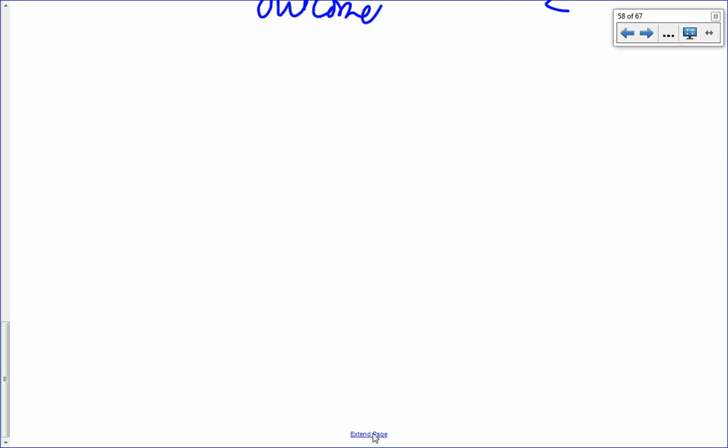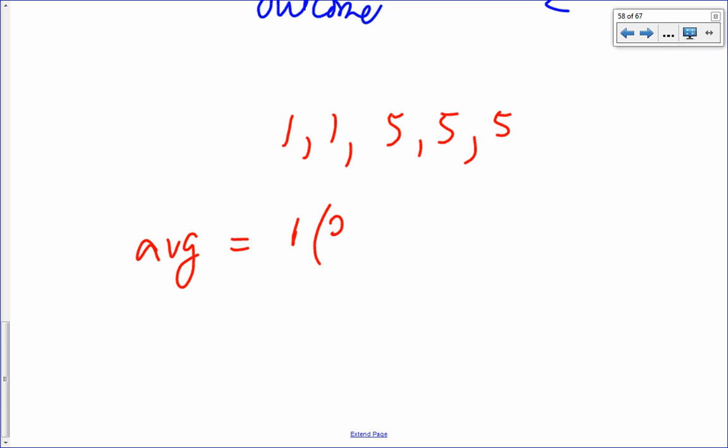Let's do 1 and 5. Okay, 1, 1, 5, 5, and 5. So what's the average here? You can say 1 times 2 over 5 plus 5 times 3 over 5. So if this is representative of a very large number of measurements, then 2 out of 5 will be the probability of getting a 1, right? So this is 1.